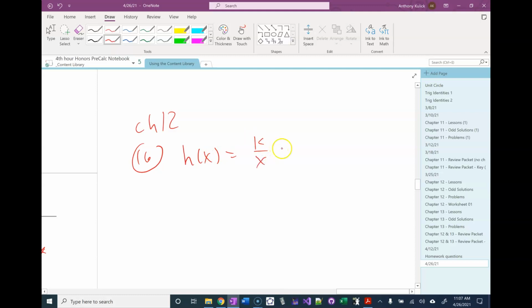So k over x is really k times x to the negative 1, right? So in that case, this is in the form of a power function because you have y equals a x to the b. So the degree is negative 1. Yep, that's the power. And your constant of variation is k. So that was the trick, remembering that you can rewrite something in the denominator with a negative exponent.